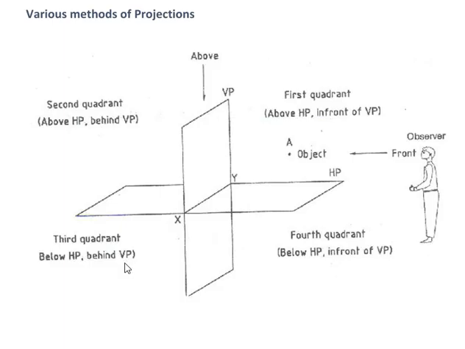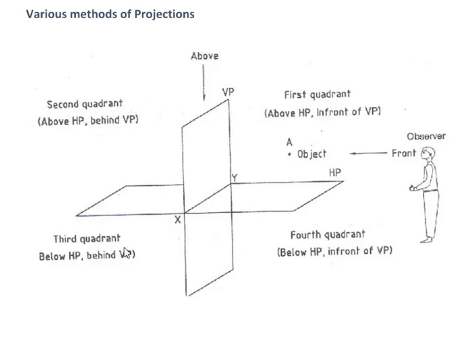In the third angle projection method, after projection, the horizontal plane is rotated in the clockwise direction by 180 degrees. So this horizontal plane goes above XY, and below XY there is the vertical plane. So we represent the front view in this plane, below XY, and we can see the top view above XY in the third angle projection method.